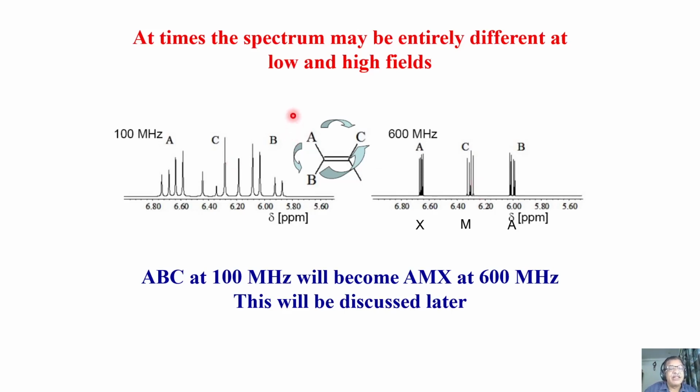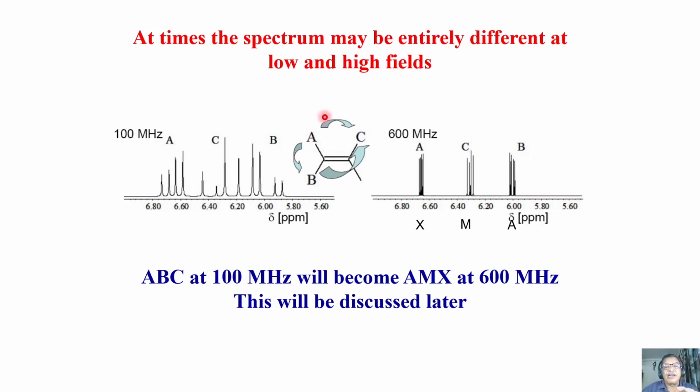I will explain. This in NMR jargon is called a strongly coupled spin system. At 100 megahertz, these 3 protons are strongly coupled among themselves. When you go to 600 megahertz, they become very weakly coupled and they get very easily separated out. And when they get separated out like this, it is easy for us to analyze.